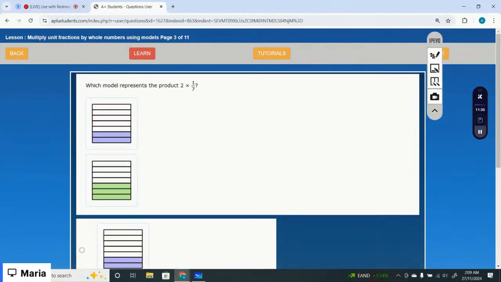Okay, the next one is, which model represents 2 times 1 over 7? So which is the correct option?